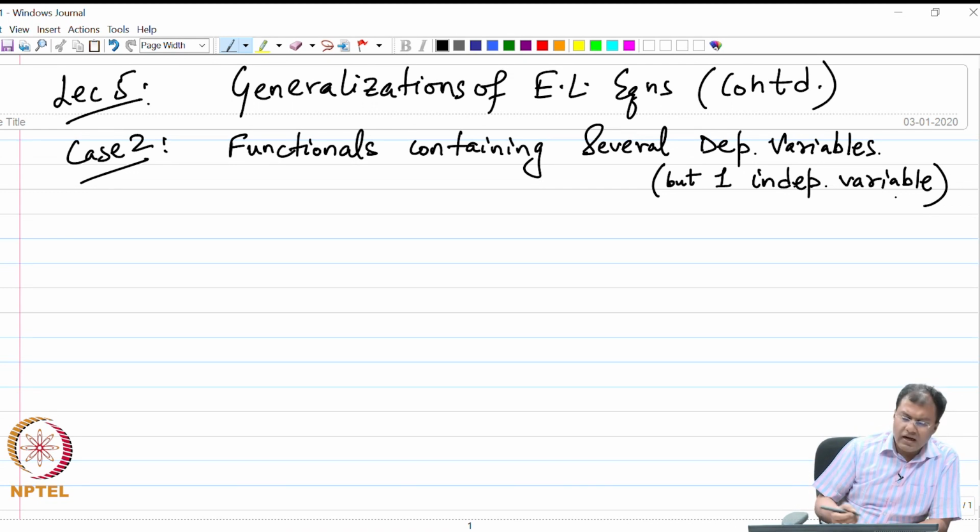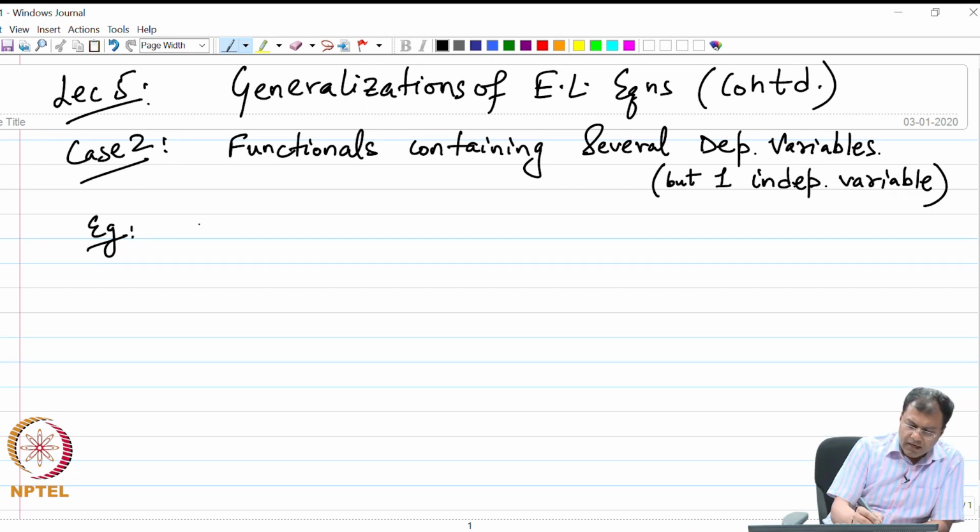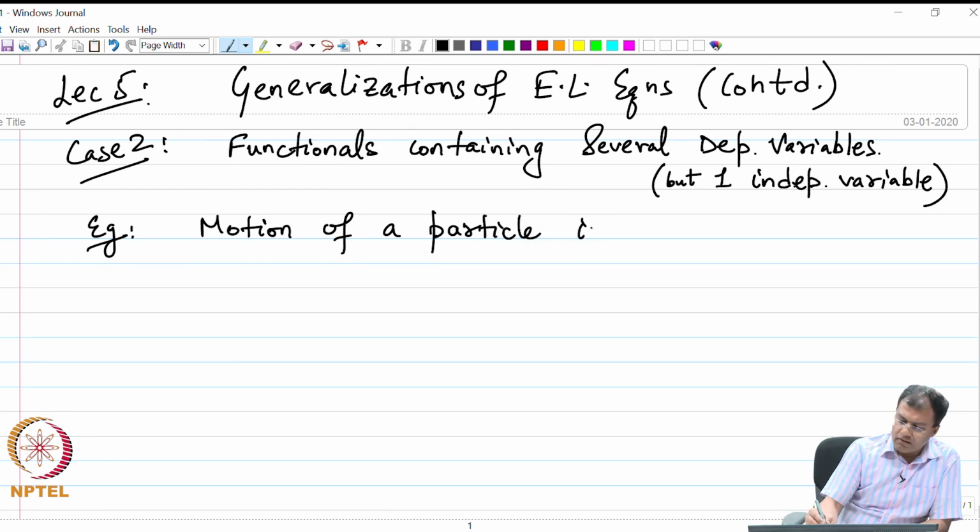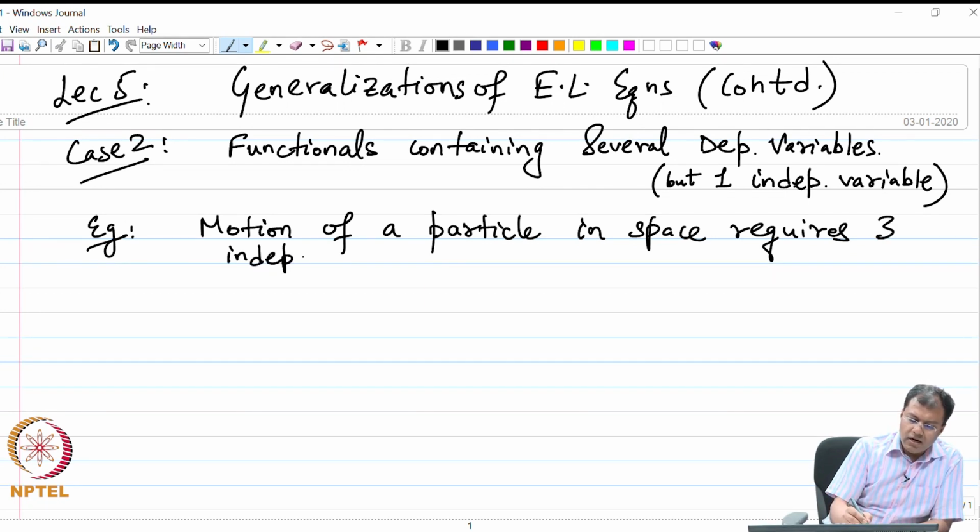So, in this case let me just give a brief example. For example, let us look at the motion of a particle in 3D space. The motion of a particle in 3D space will require us to track three components of position.